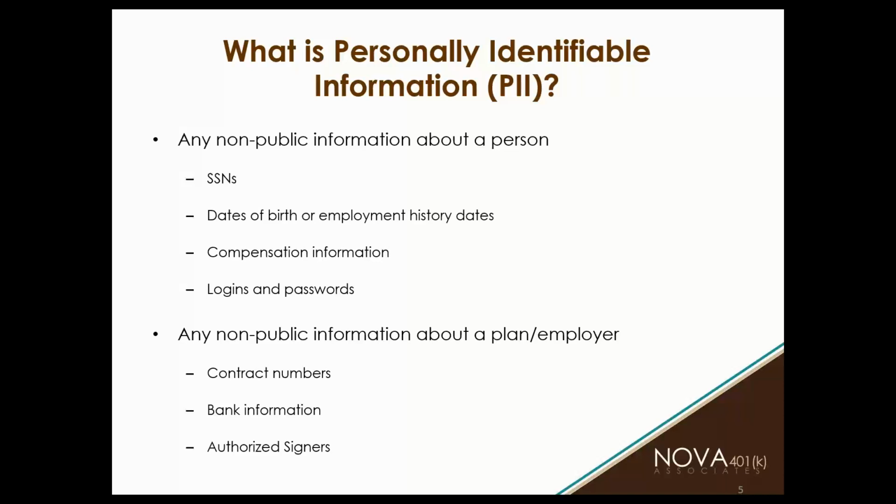Obviously, logins and passwords would fall into that bucket as well. Similarly, PII can also apply to retirement plans or employers. So things like banking information, who are authorized signers on the account, contract numbers, et cetera, can be things that would be considered PII.